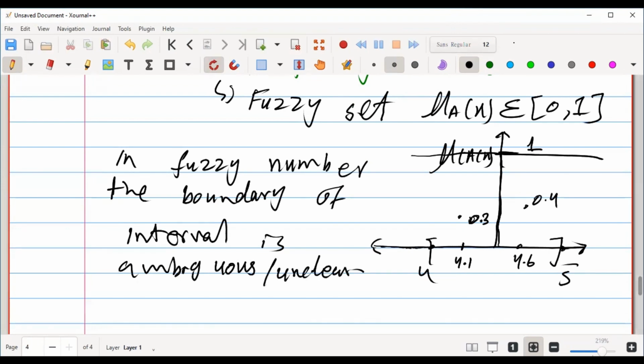The boundary of interval, the interval 4 and 5, the values between this interval are unclear, ambiguous, which is not clear. We are not 100% sure. Maybe this totally belongs to the interval or partially belongs to the interval.